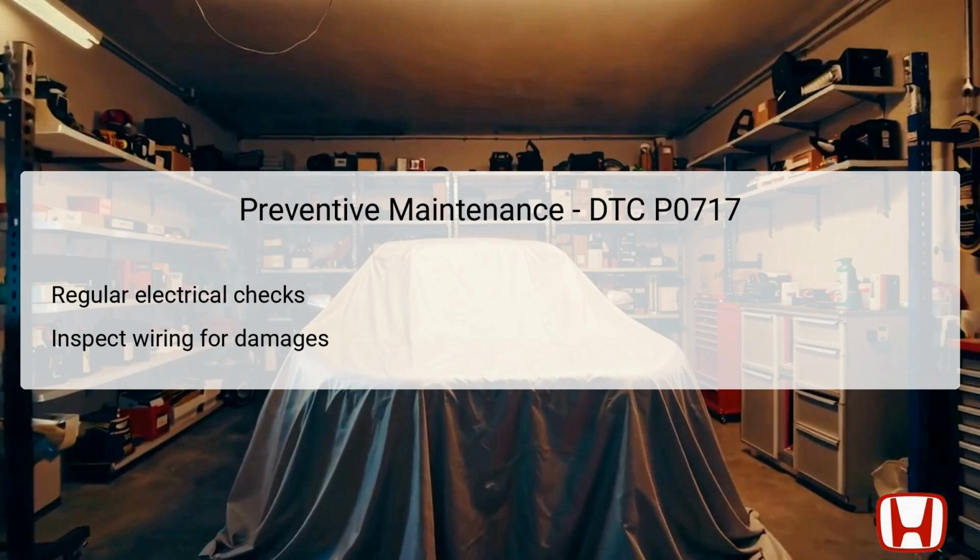Keeping connections clean and secure can prevent intermittent faults from developing. It's also advisable to follow scheduled maintenance as outlined in the vehicle service manual, which often includes transmission fluid changes and inspections. By prioritizing preventive maintenance, one can significantly decrease the likelihood of DTCs like P0717 occurring in the future.